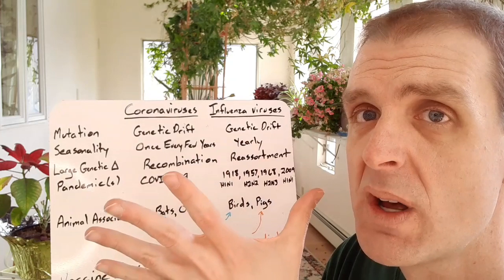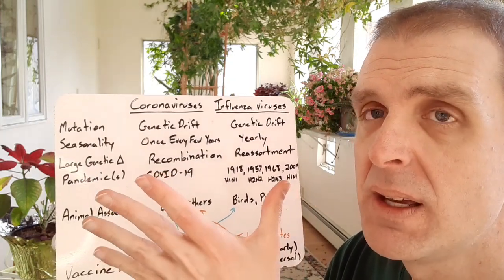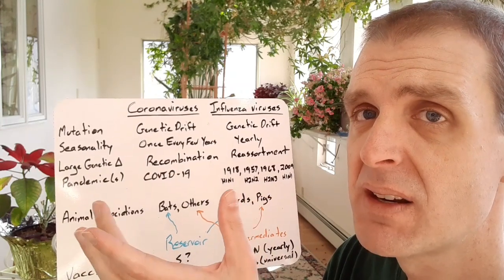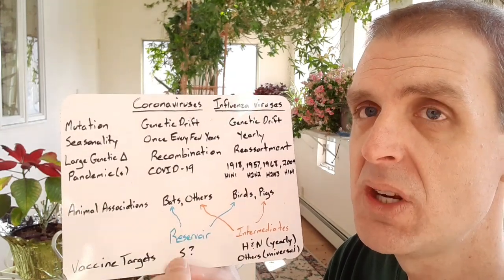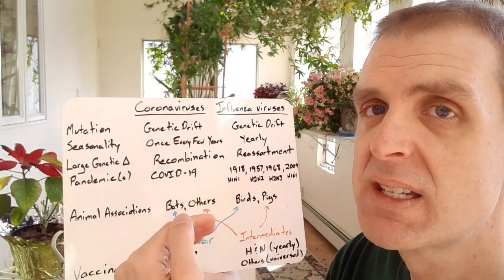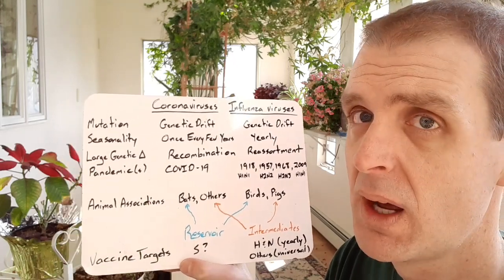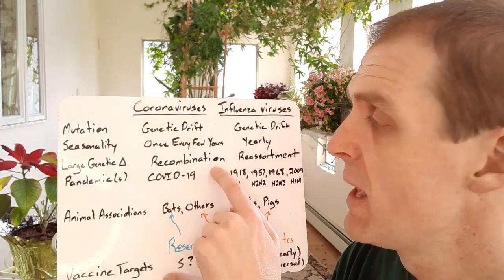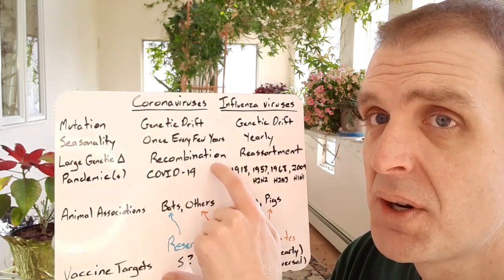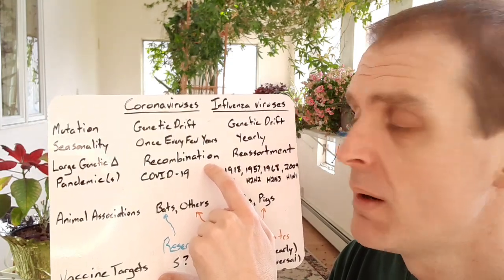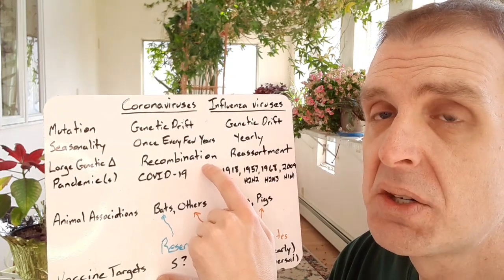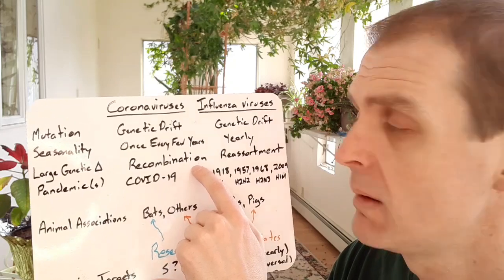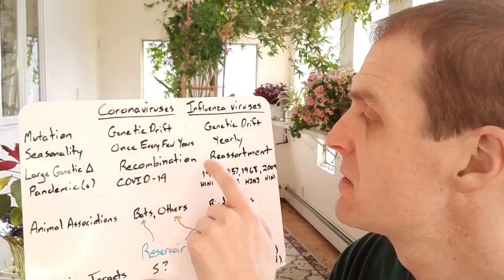So it has the one long genome, and if a cell gets infected with two types of coronaviruses, you could have those genomes kind of mix and match to make a new long genome. So that's recombination. If you watch my previous video on genetic linkage, that also dealt with recombination. So same idea as that crossing over during meiosis.